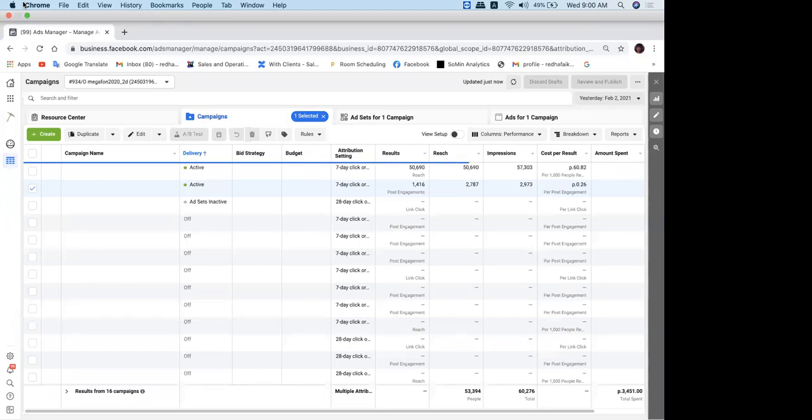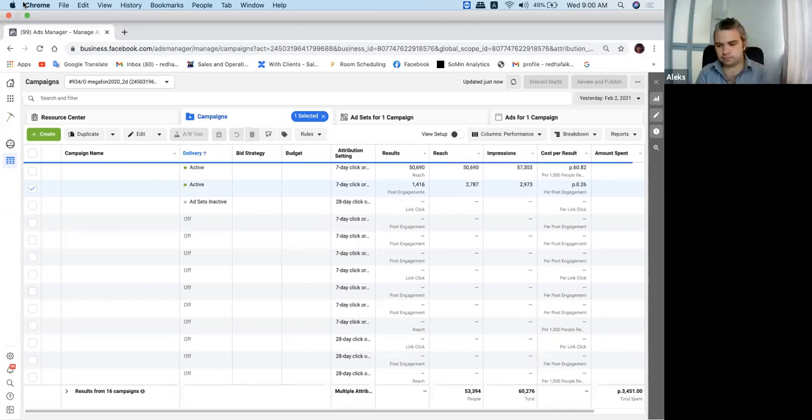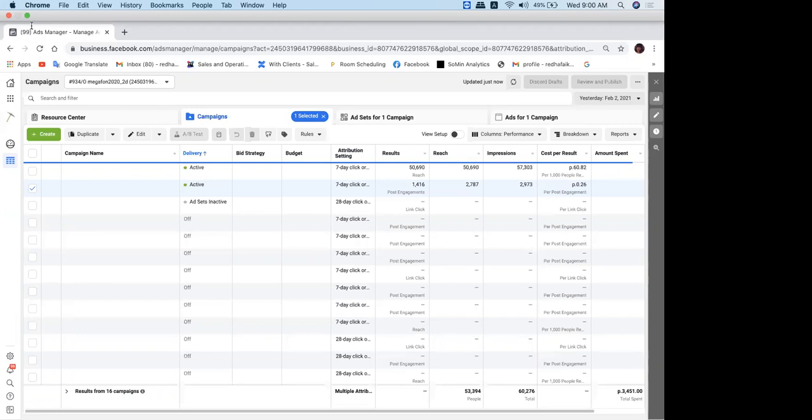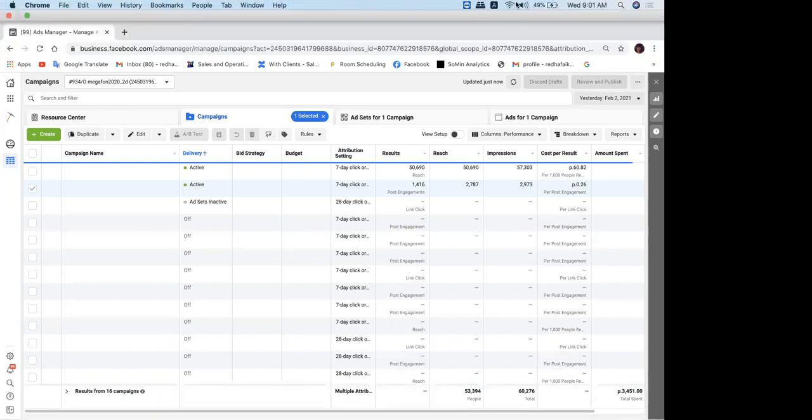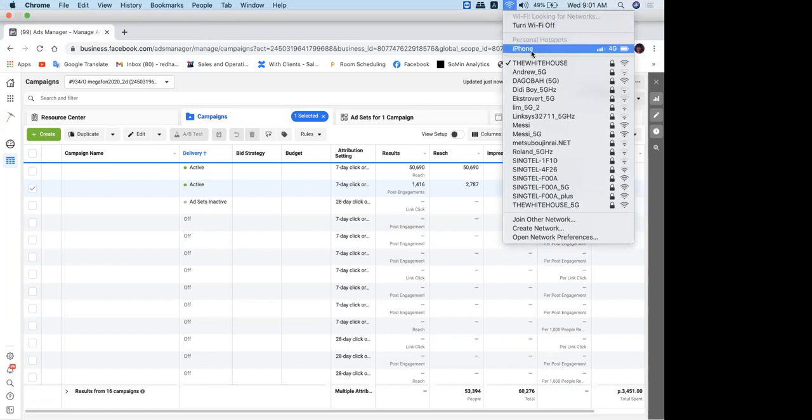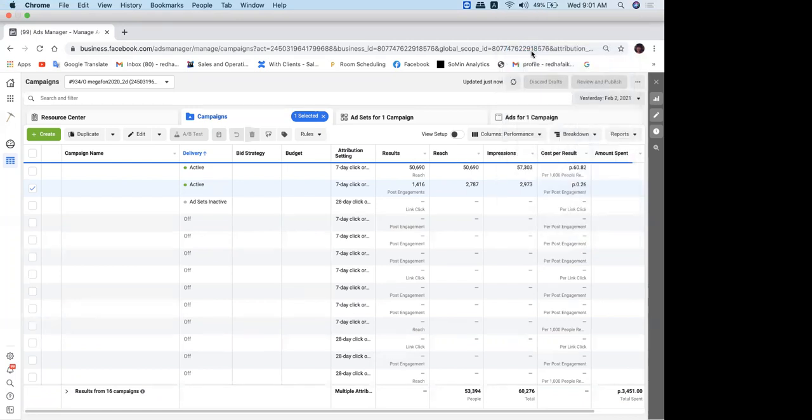Can you switch to your phone internet? Yes. Can you switch to another ad account?